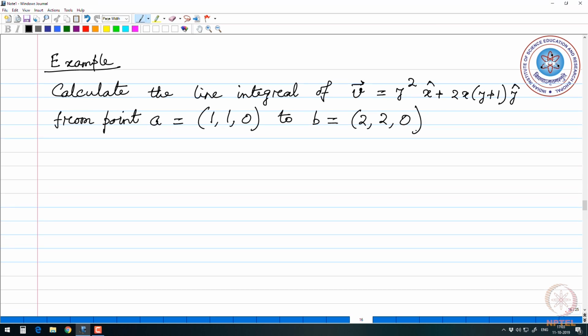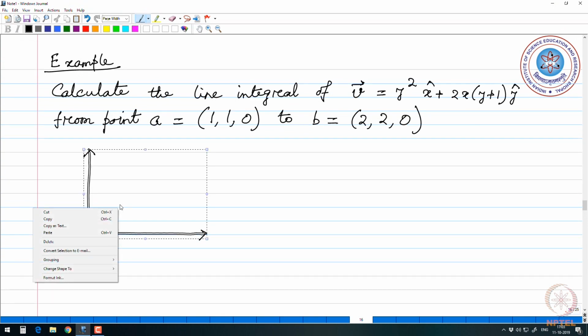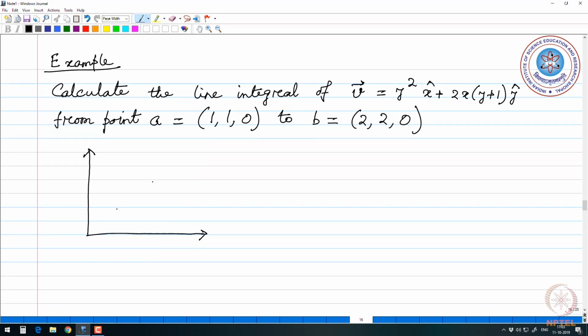So, what can be the paths for these 2 points for this line integral? There can be many paths connecting these 2 points. The first point is 1 1 0, let us say that point is here. The second point is 2 2 0, let us say that point is here.